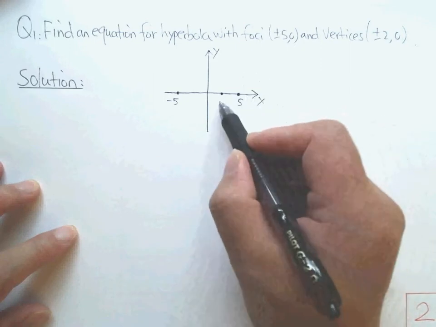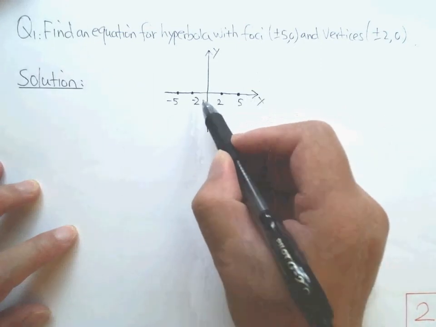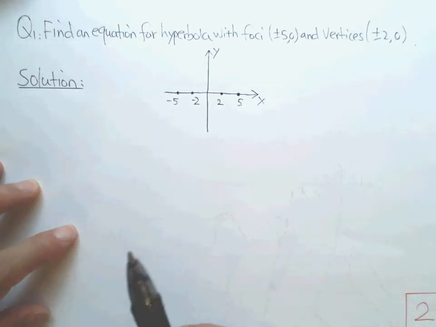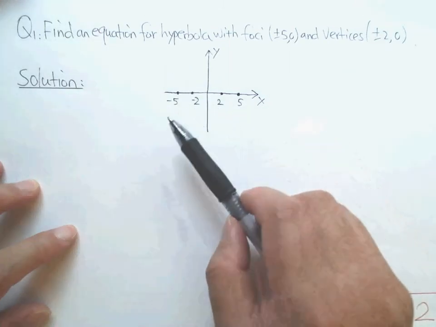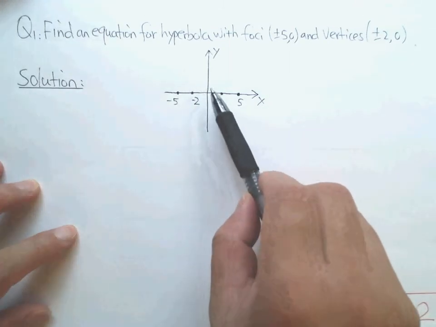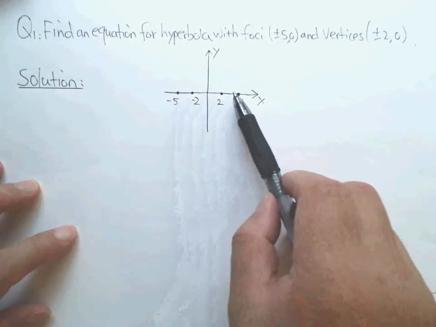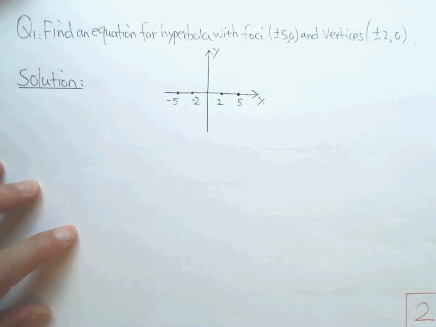Now you know the type. Do you think it opens up or down? No, it goes through the vertices and opens toward the foci. So it should open to the left and to the right.